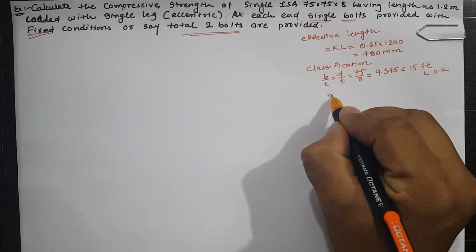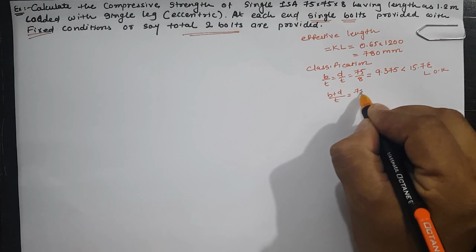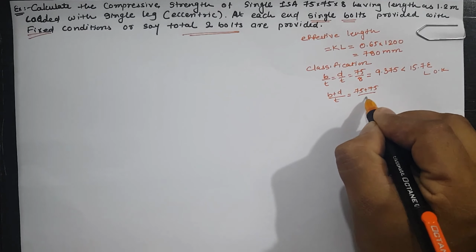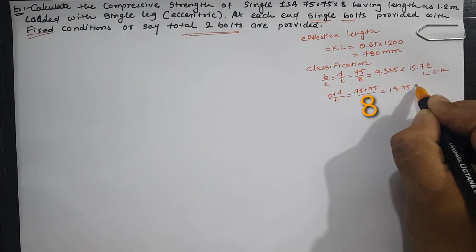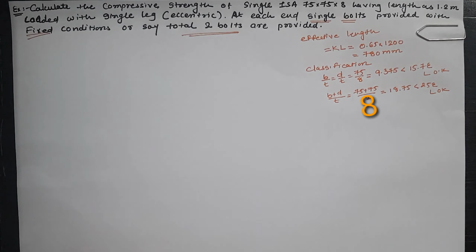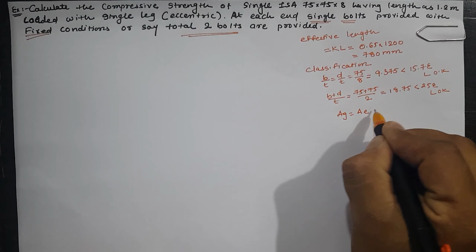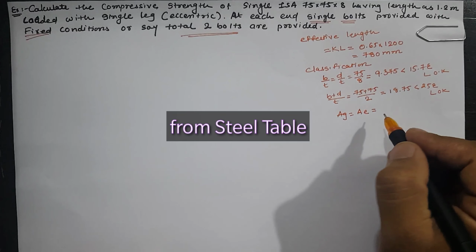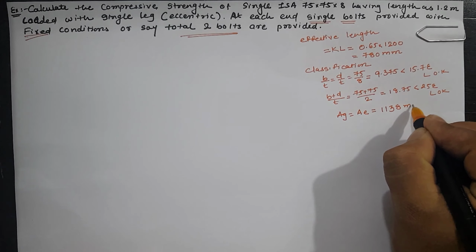Now B plus D by T is equal to 18.75, which is less than 25 epsilon. It means it is okay. Both criteria are satisfied, hence the gross area is taken as the effective area, and the gross area is given in the steel table as 1138 mm square.